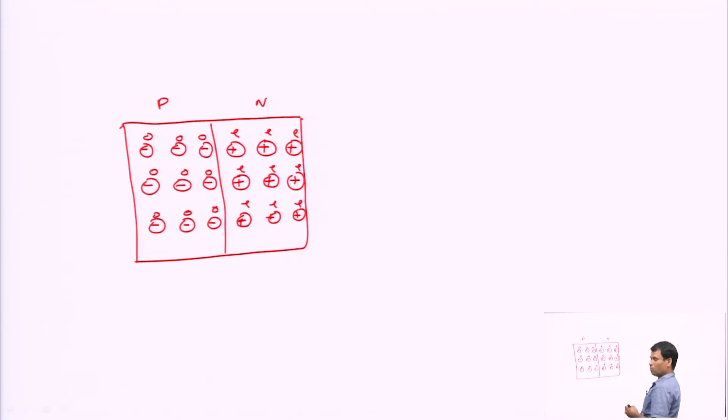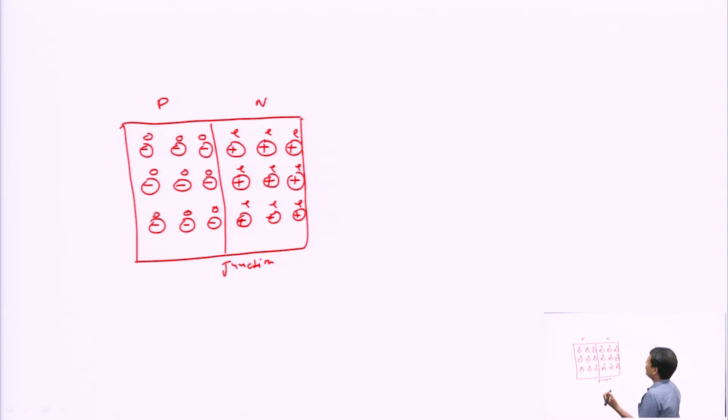What will happen now? We should understand that at the left side there is a deficiency of electrons, and at the right side of the junction, the mid layer, there are extra electrons. What will happen?